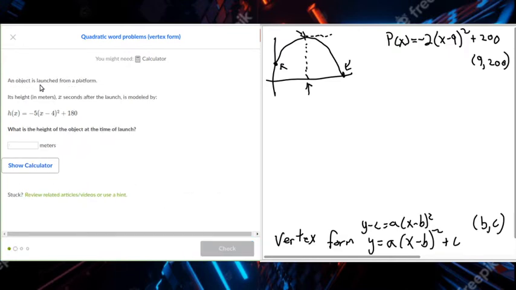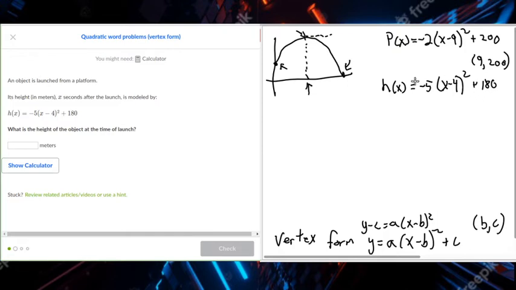All right, next, an object is launched from a platform. Its height in meters, x seconds after launch, is modeled by H of x equals -5 times (x minus 4) squared plus 180.